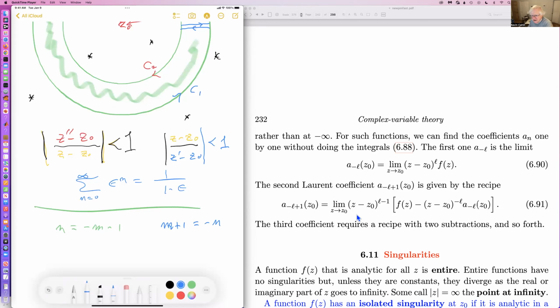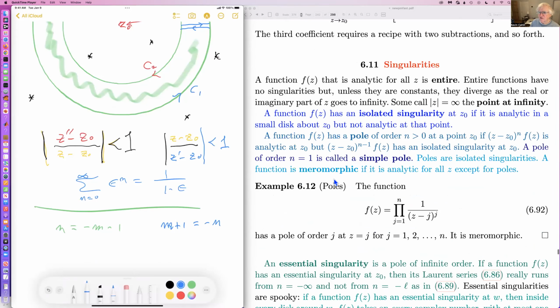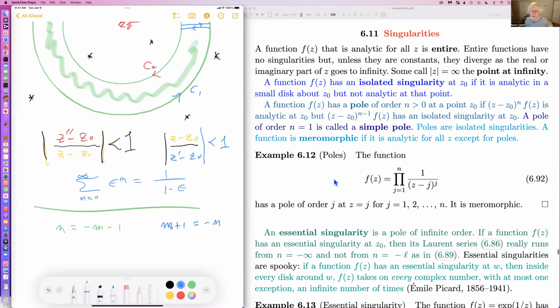And then you find the second coefficient by subtracting from the Laurent series the term that you found, and then you multiply by z minus z0 to the L plus 1, and you get the second coefficient and so forth. That's one way of doing it.